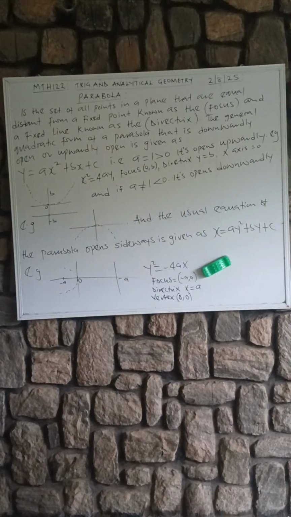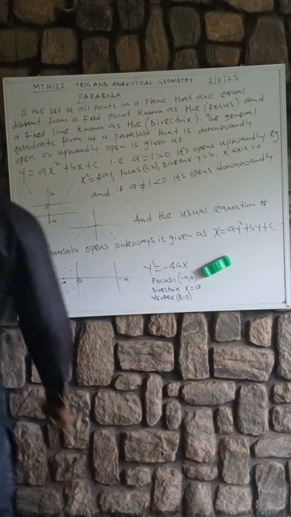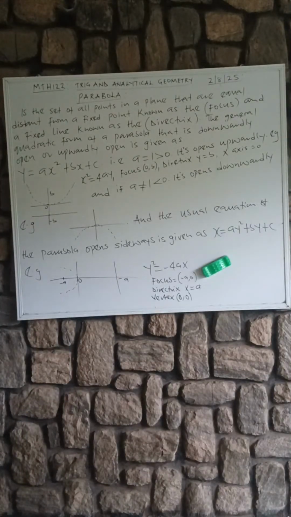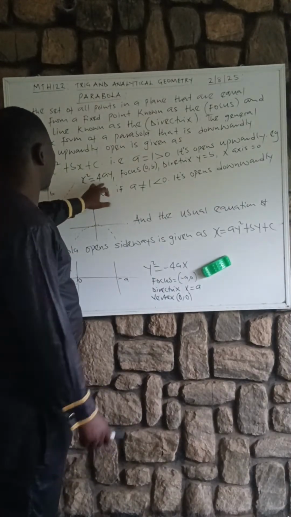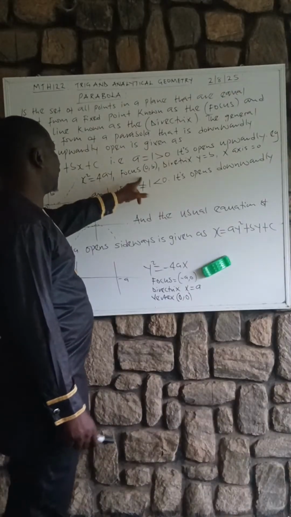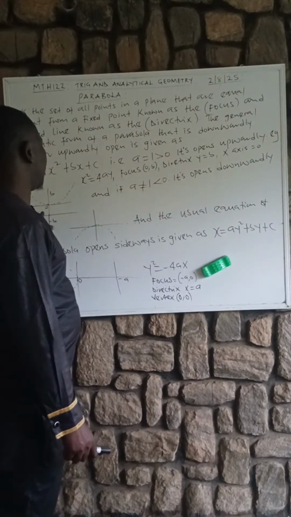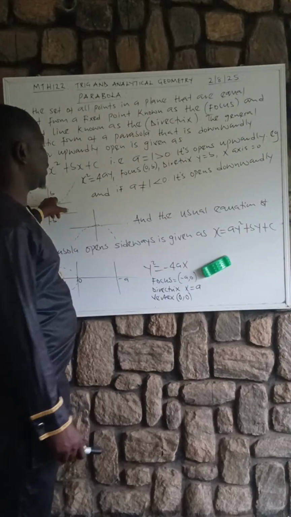So, x squared equals 4ay. The focus is 0, b.